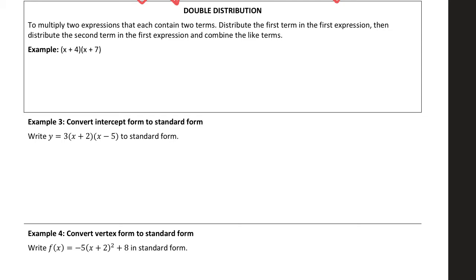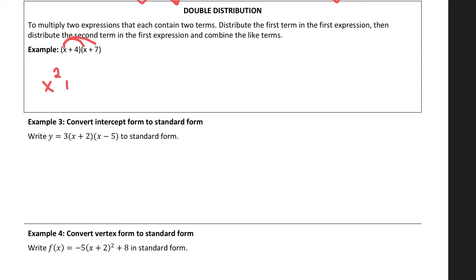So when we're multiplying two expressions that have two terms, we distribute the first term, and then we distribute the second term, and then we combine like terms. So this is x plus 4 times x plus 7. What I mean by that is first, I'm going to distribute x through the second expression. So x times x becomes x squared.